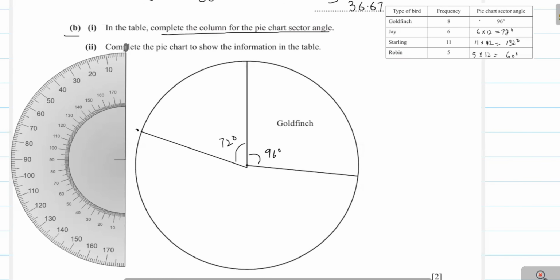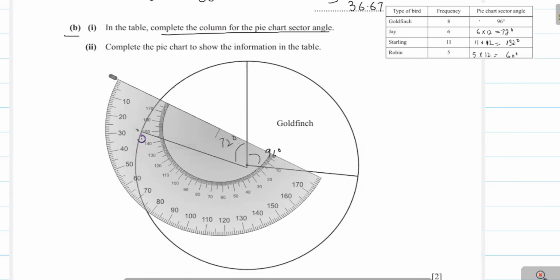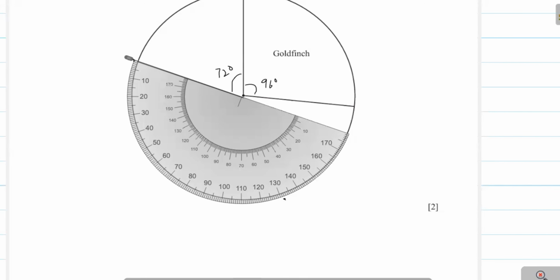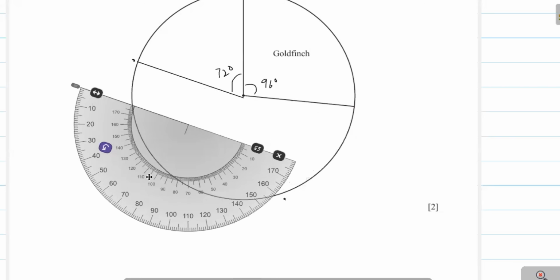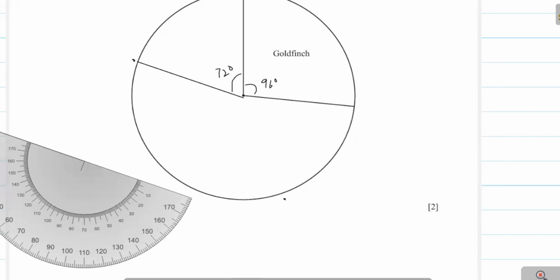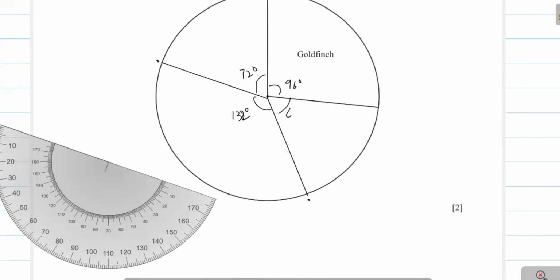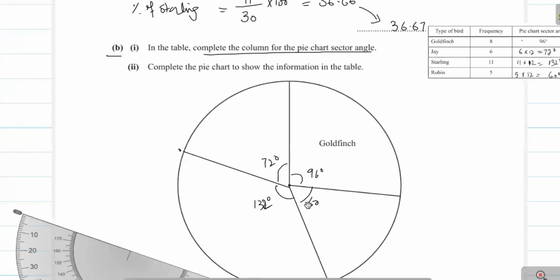Next is 132, and we mark 132, and you see here this is the position of 132, and we draw the line here, and this line shows the 132 degrees, and the last angle remaining will be 60. This is the 60 degree angle, and we write the names here. This is Jay, this is Starling, and this is Robin.